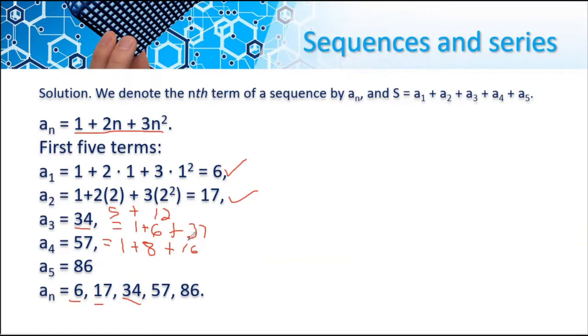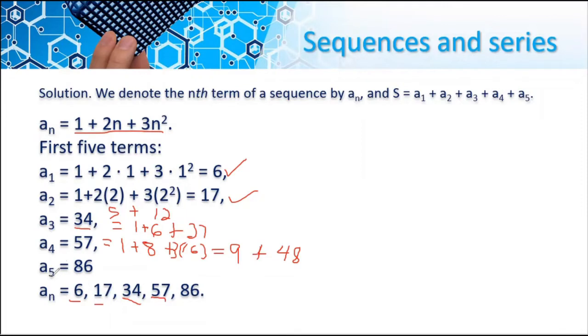Di ba? Kasi meron pa tayong 3 doon. So, 16 times 3. Okay. So, ang mangyayari ngayon ay 1 plus 8. Meron tayong 9 plus 48. Okay. So, 9 plus 48 is 57. Okay. Check tayo with fourth term, 57.